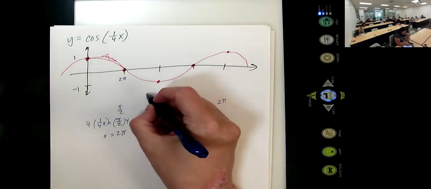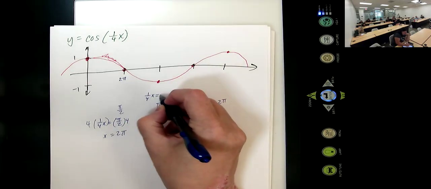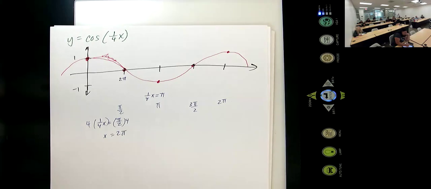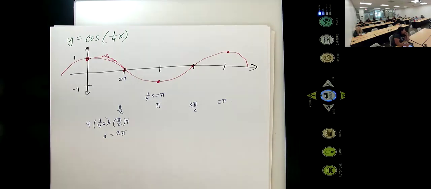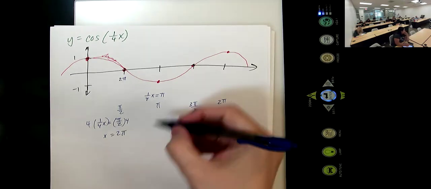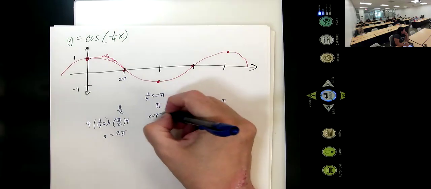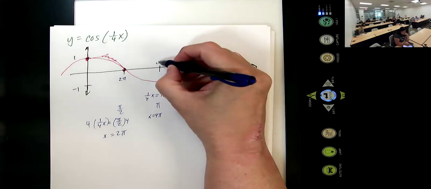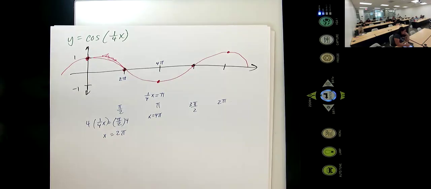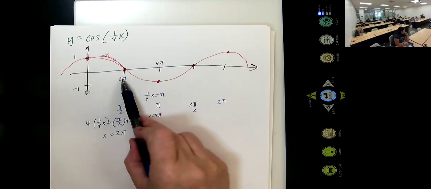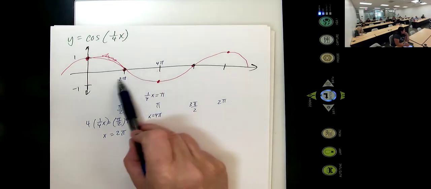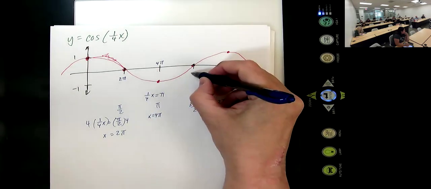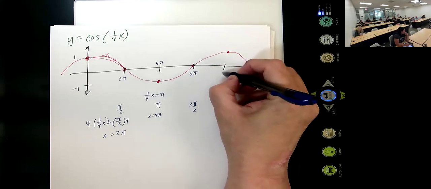If I do the same here, 1/4 x equals pi. Again, multiplying by 4, we see that x has to equal 4 pi. And once you have a couple, you can see the pattern, these are going up by 2 pi each time. We should get 6 pi here and 8 pi here.